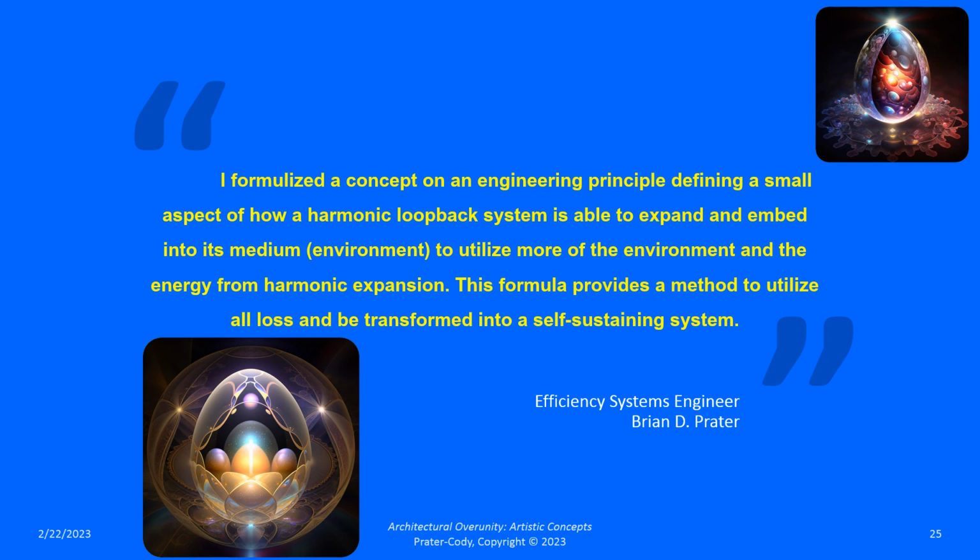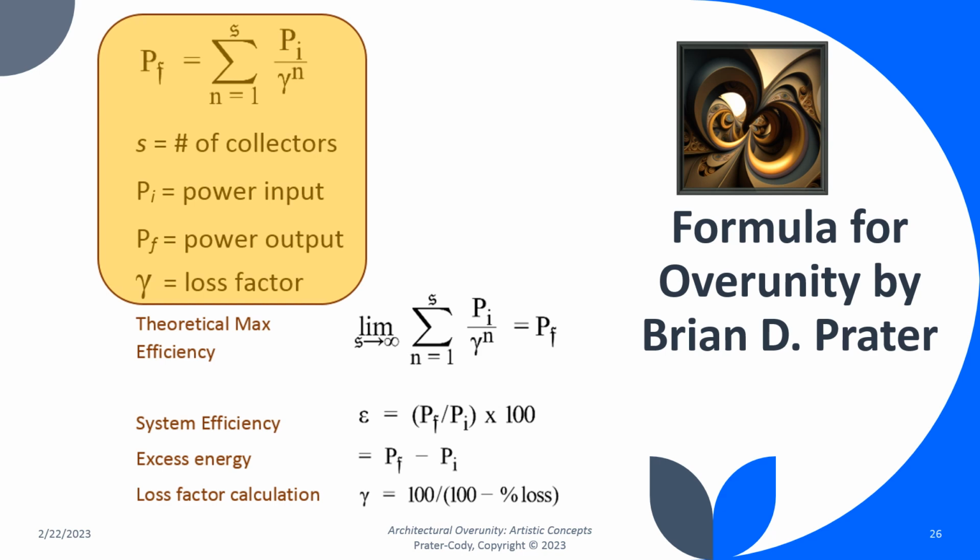This formula provides a method to utilize all loss and be transformed into a self-sustaining system. This formula for Overunity by Brian David Prater was developed after extensive research and development, experimentation, and prototyping. These computations provide the theoretical maximum efficiency rate for optimizing system efficiency. Special thanks to Jason Owens for his equation-making skills.